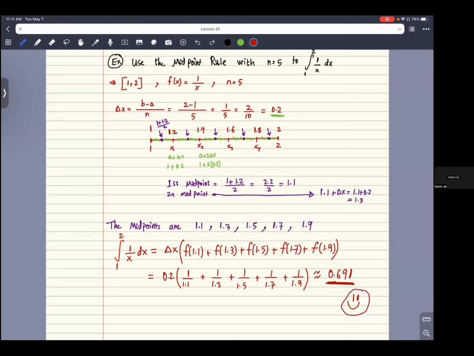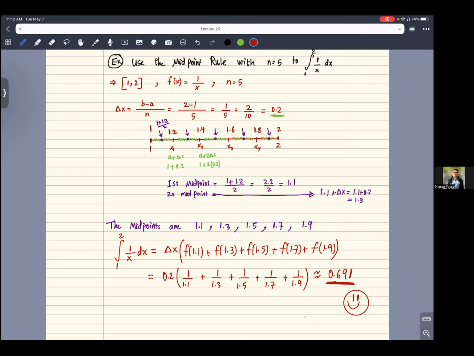Any question? Yeah, go ahead. Last time you gave us the homework to do, right? But you didn't tell us which point we're supposed to use. Oh, it was the same question as this. You didn't tell us whether we're supposed to use the right endpoint, left, or middle. Okay.